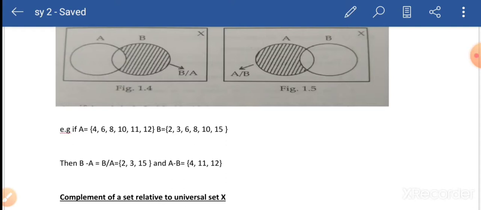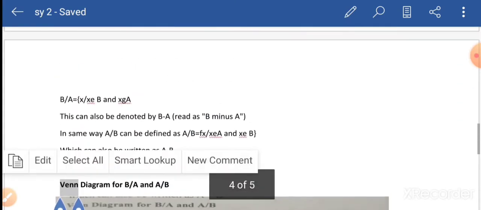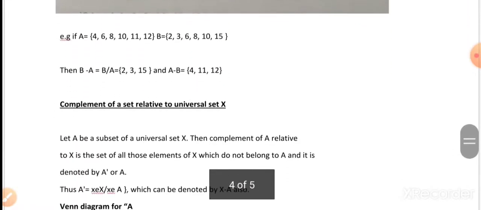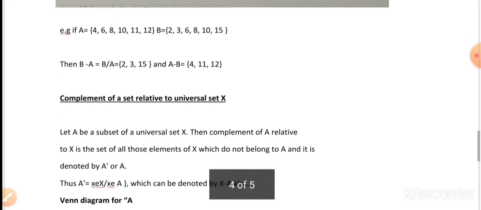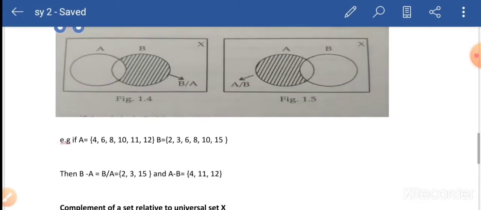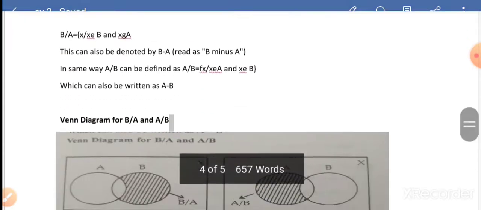Also we can find A union B and A intersection B, and these can be written in different ways.